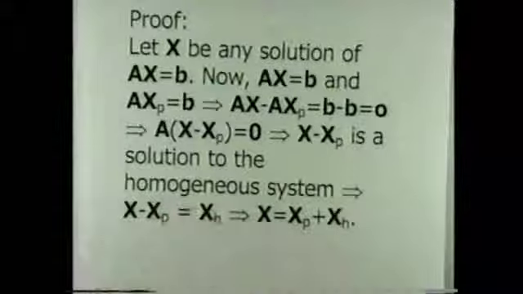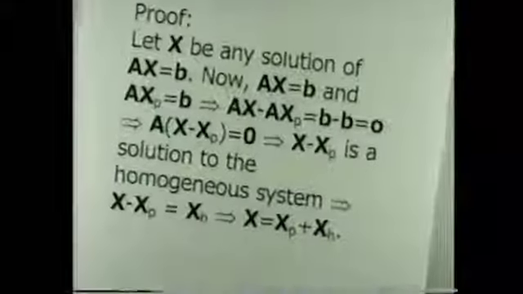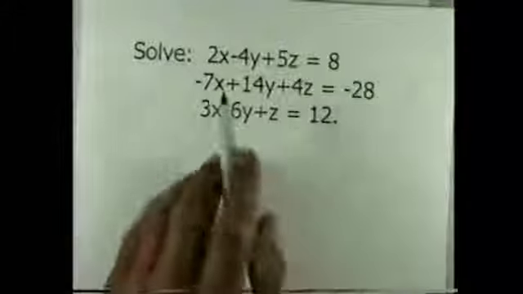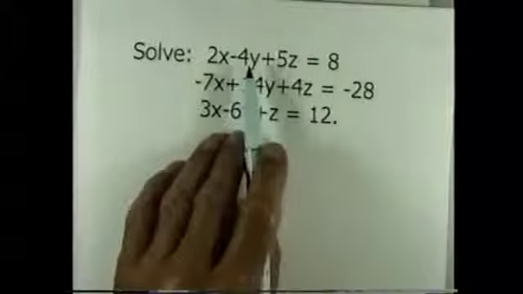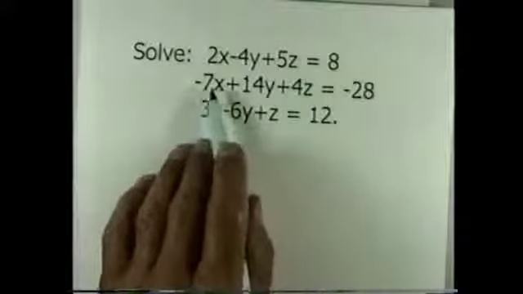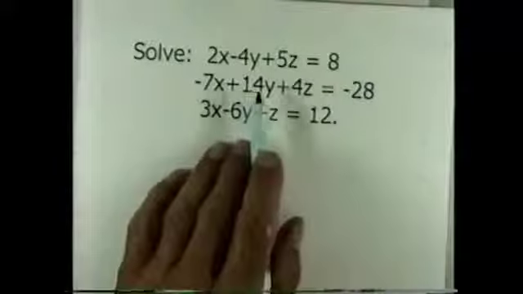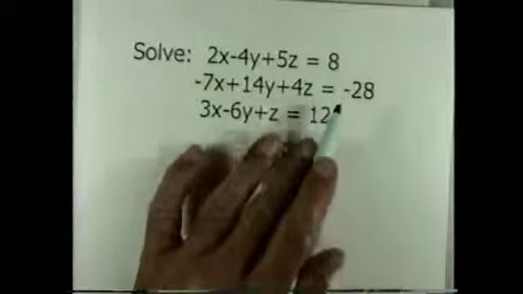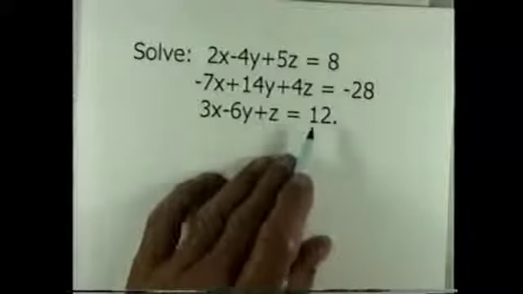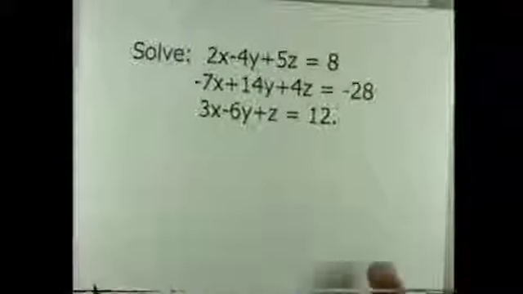Well, let's use this theorem to solve a system. Let's solve 2x minus 4y plus 5z is equal to 8, negative 7x plus 14y plus 4z is equal to negative 28, 3x minus 6y plus z is equal to 12.